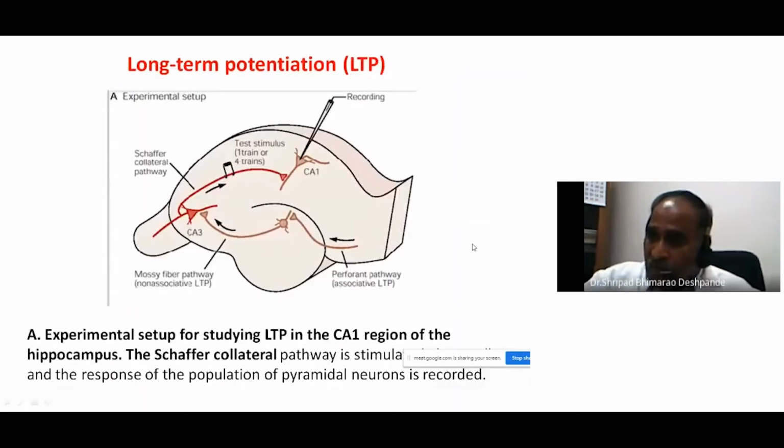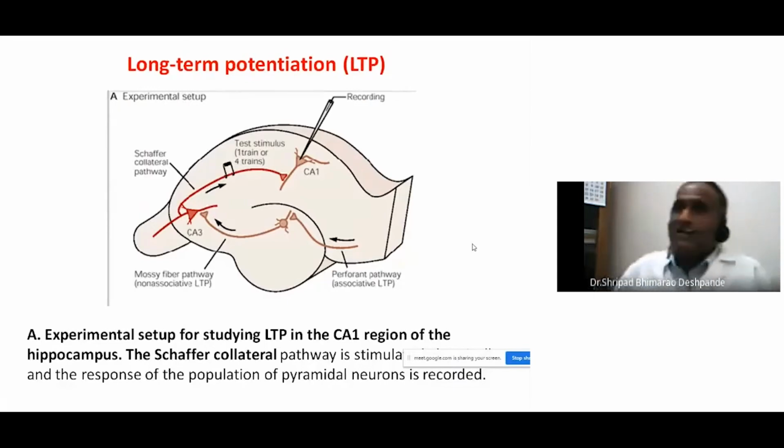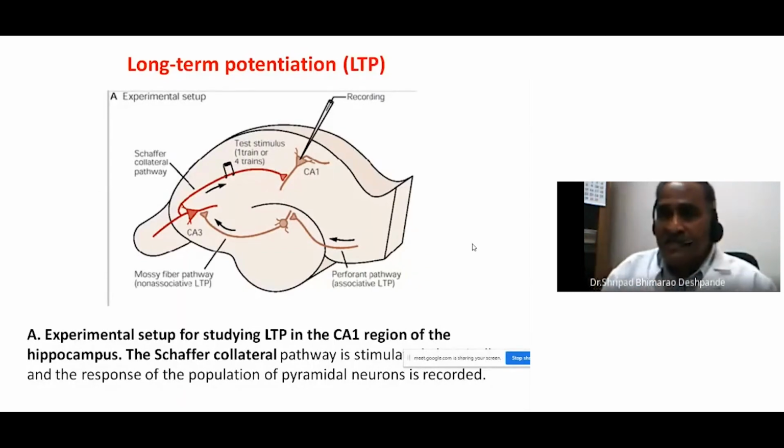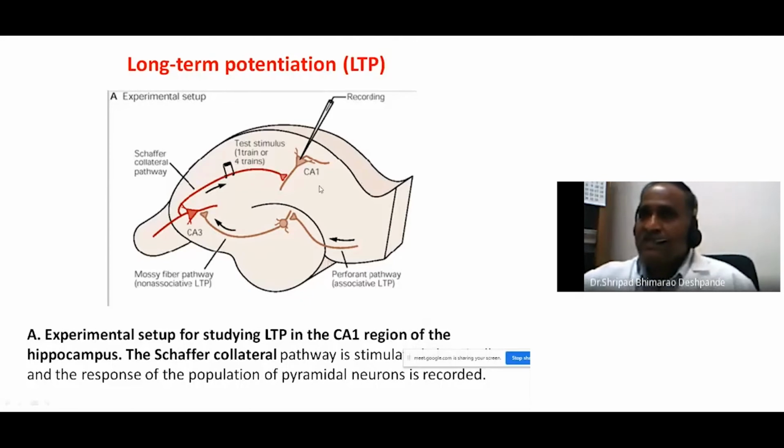Now we move further. This is one of the experiments for long-term potentiation. I've taken it from Kandel's textbook of neuroscience. This is one of the classical experiments from hippocampal slices. I will not go into the details of the hippocampal slice.